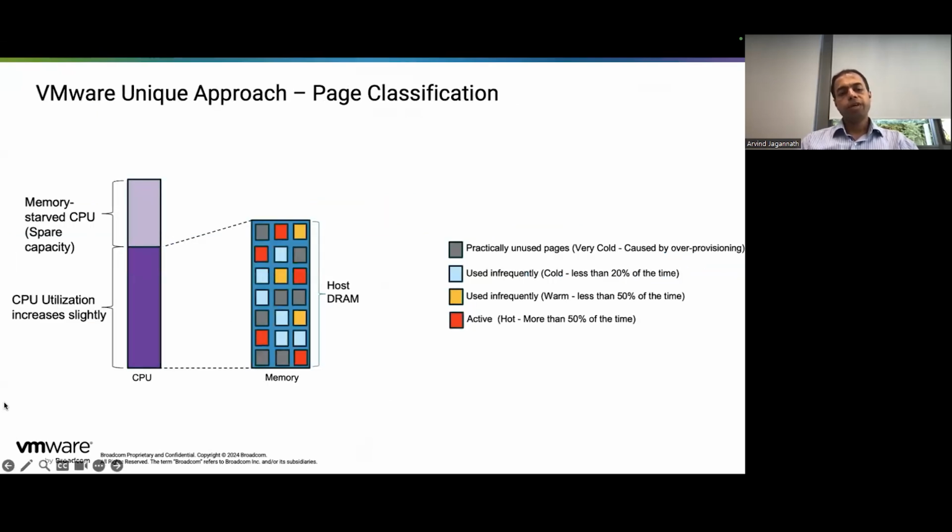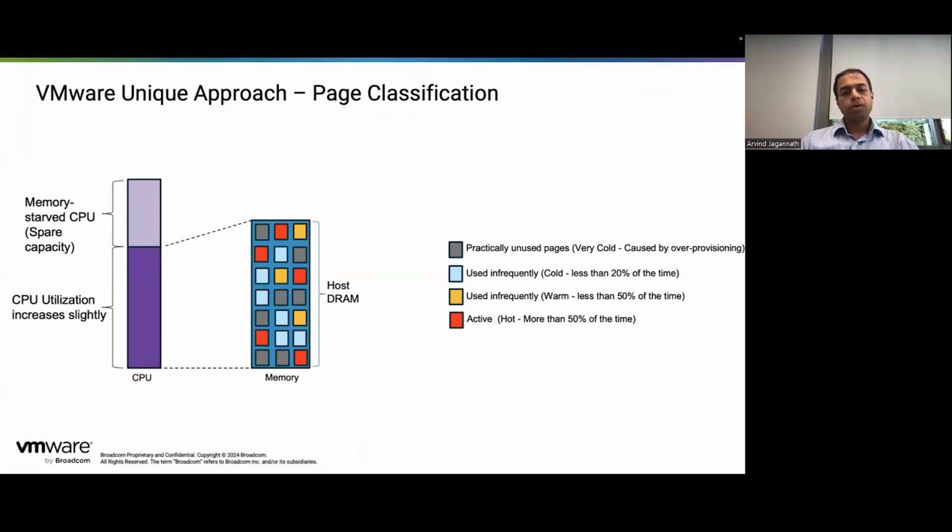So VMware's unique approach is that VMware does page classification. Through years of experience with products like vMotion, VMware has been able to look at pages in a very finely granular fashion and manage those pages between hosts or between different memory types.